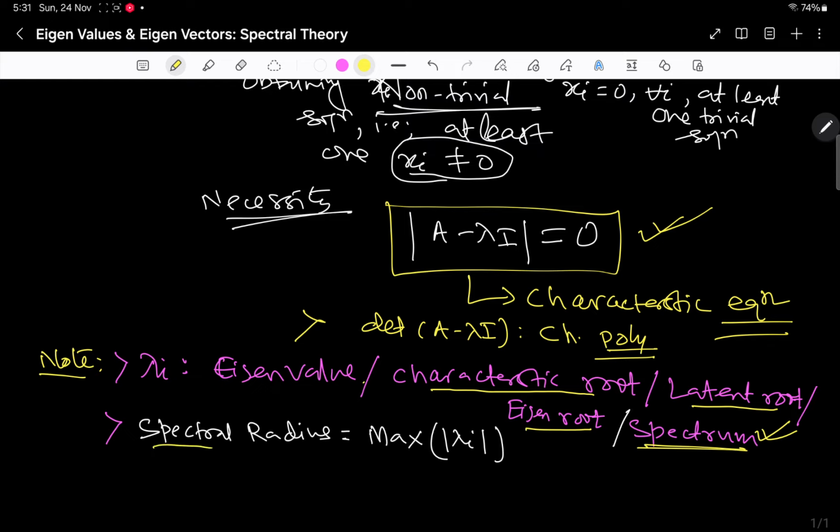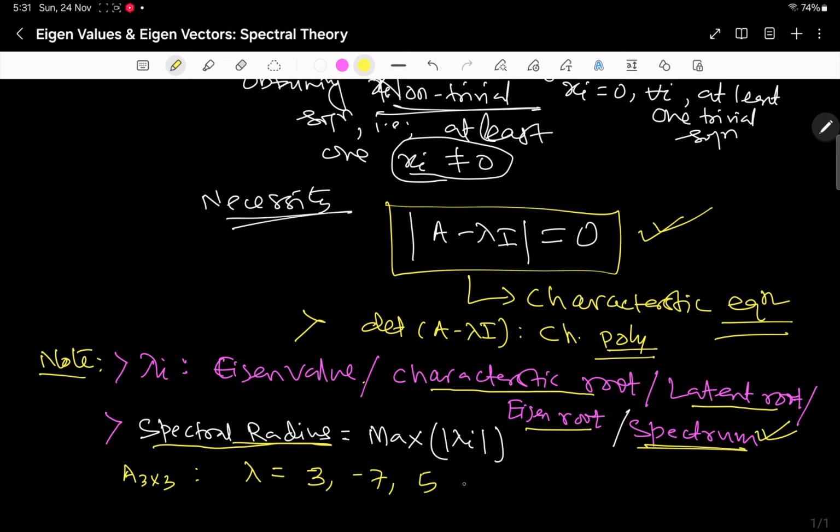And what is the spectral radius? Suppose you are solving a third order matrix and you get lambda as 3, minus 7 and 5.